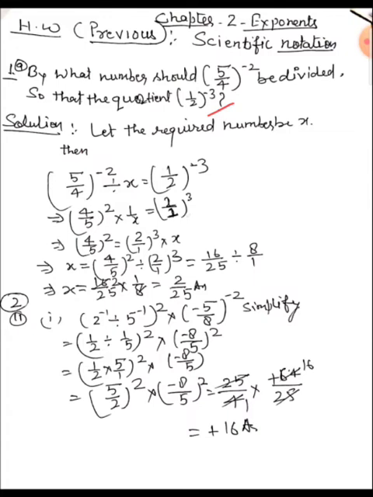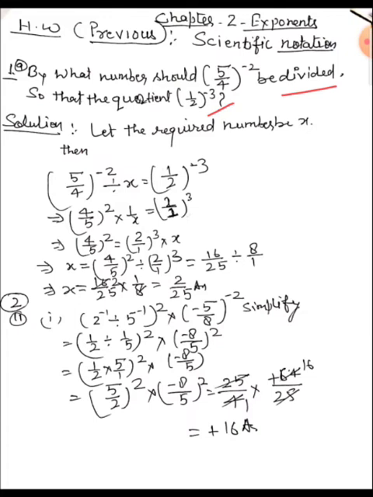This type of question I explained in my previous video. Students, this is very easy, just divide. What is it saying? By what number should (5/4) raised to minus 2 be divided so that the quotient is (1/2) raised to power minus 3?